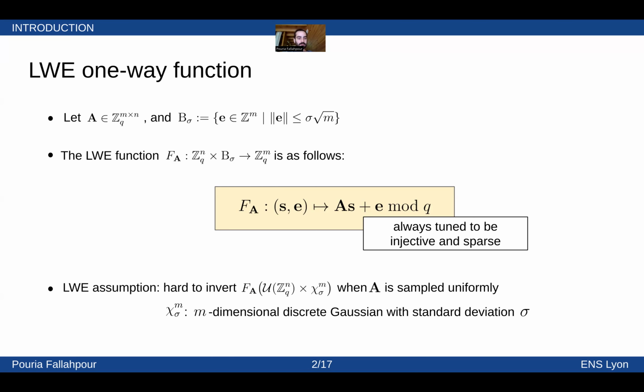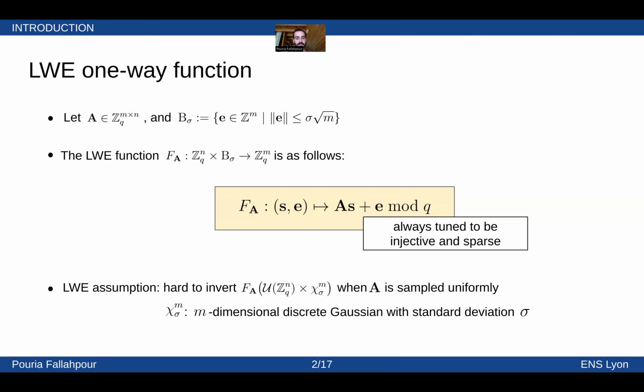So the one-wayness of the function, which is also known as the LWE assumption, says that when A is sampled uniformly, s is sampled uniformly from Z_q to the n, and e is sampled from the Gaussian distribution for some appropriate standard deviation sigma, which represents its density function by chi_sigma to the m, where m represents the dimension.